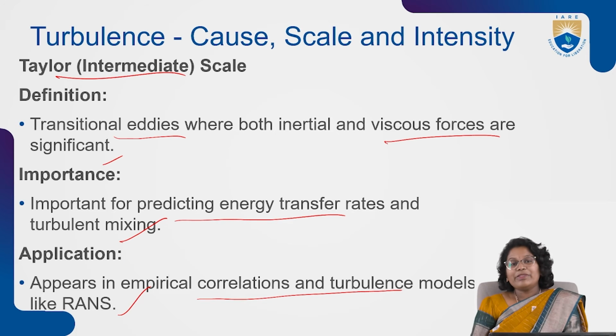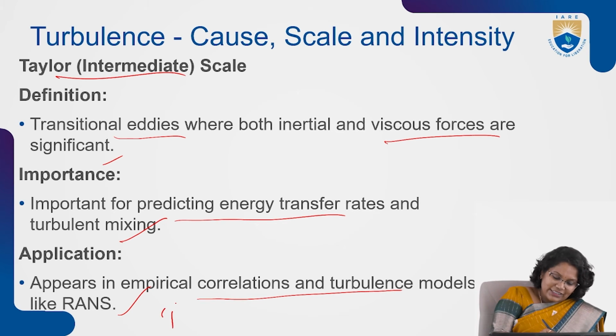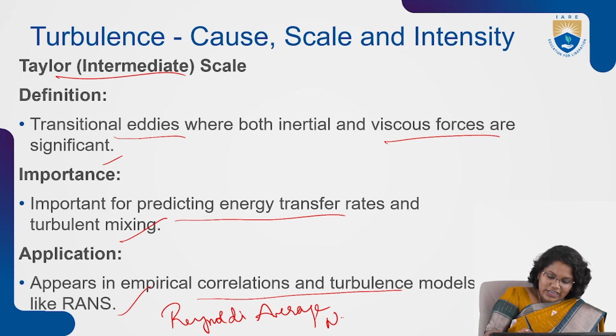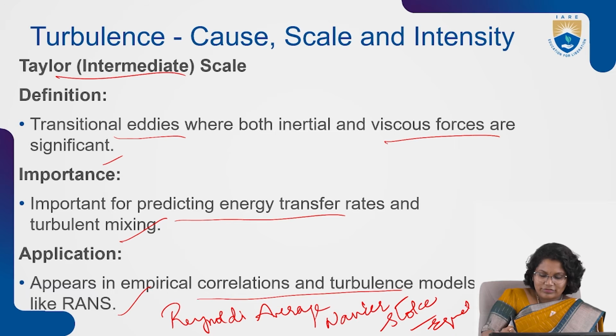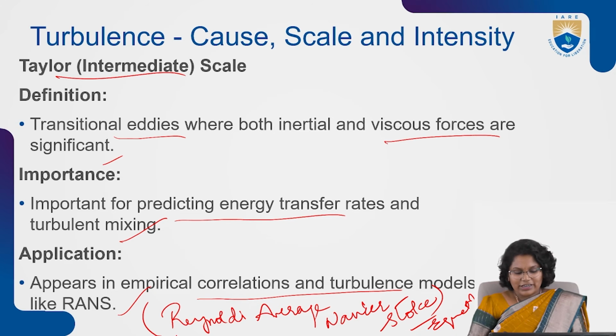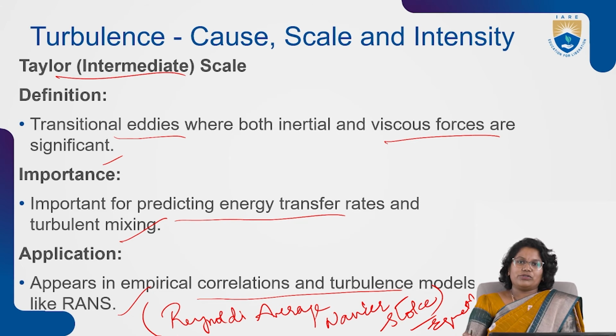What is RANS? RANS is the Reynolds-averaged Navier-Stokes equation. The RANS model is Reynolds-averaged Navier-Stokes.